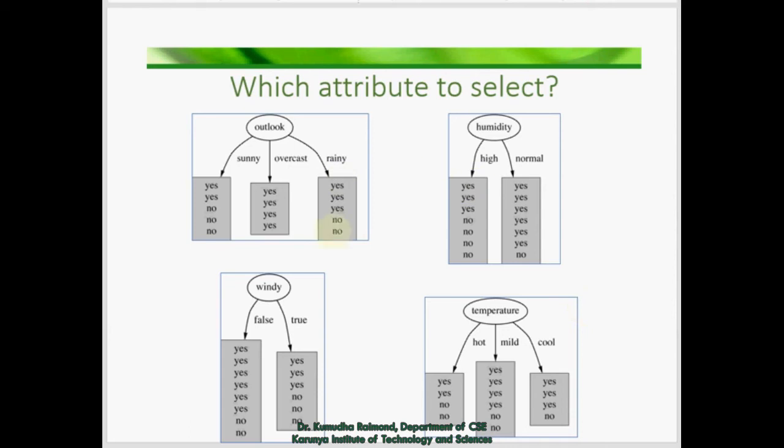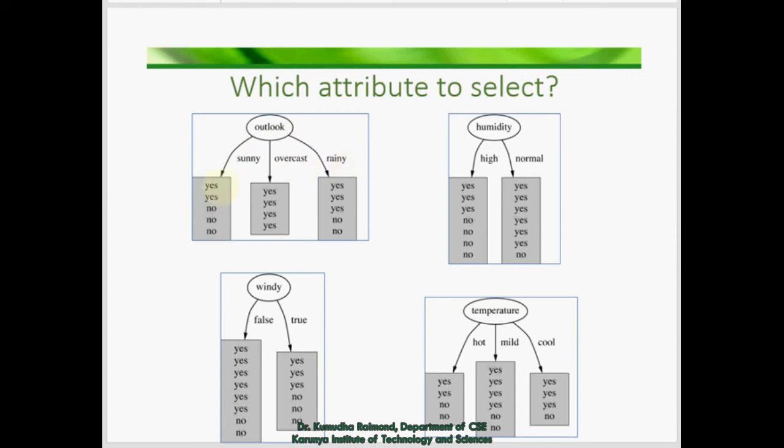In order to do that, I am trying to extract some information from the input data set. For example, outlook is one of the input attributes and it takes the nominal values of sunny, overcast and rainy.